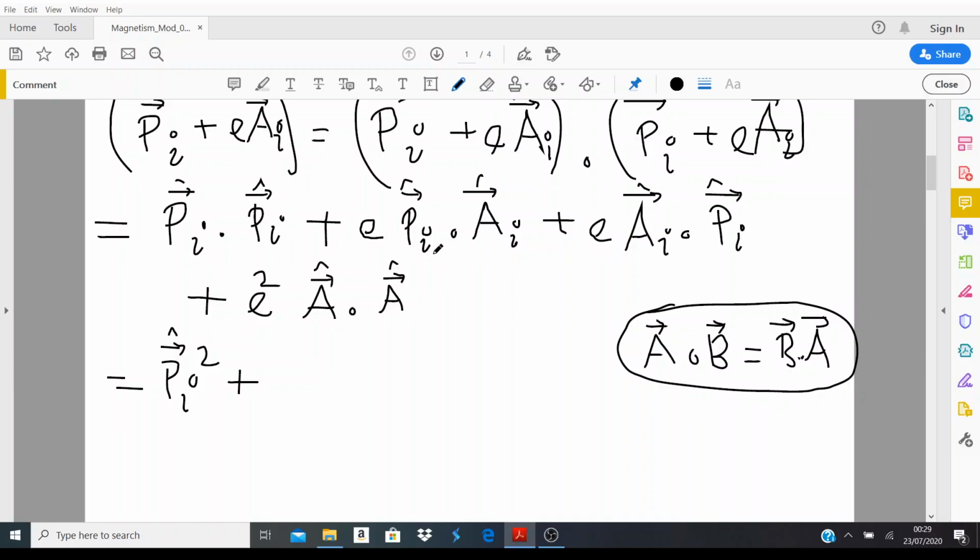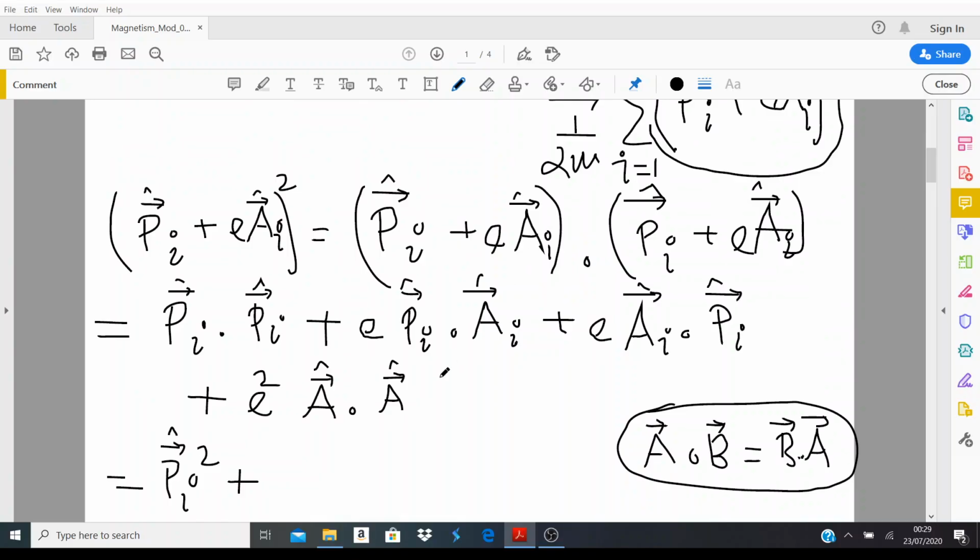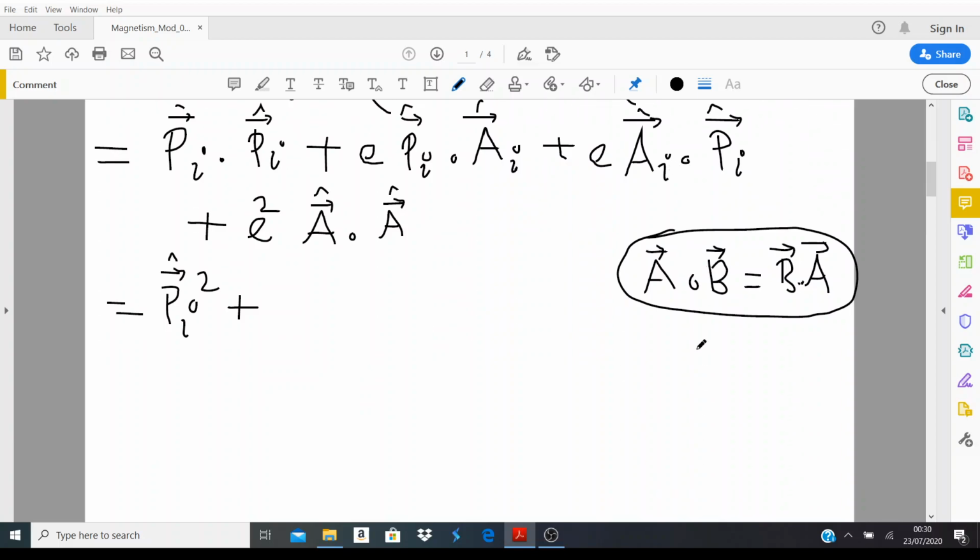Let us assume that Pi dot Ai is equal to Ai dot Pi, right? So our assumption here, and we will see why that is true, is that Pi dotted with Ai is the same as Ai dotted with Pi. We can change the order.